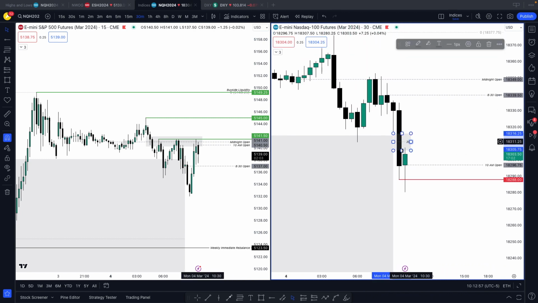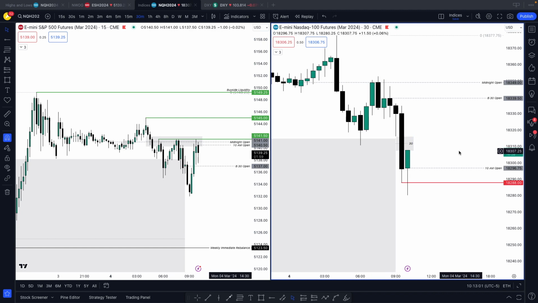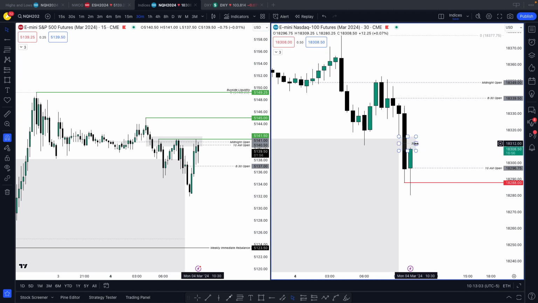It's not a SIBI yet, but you can see the inefficiency there. And it can reach all the way up to this candle's low, because that defines the area that has just been given sell side delivery. So you can have buy side delivery all the way back up into that candle's low.